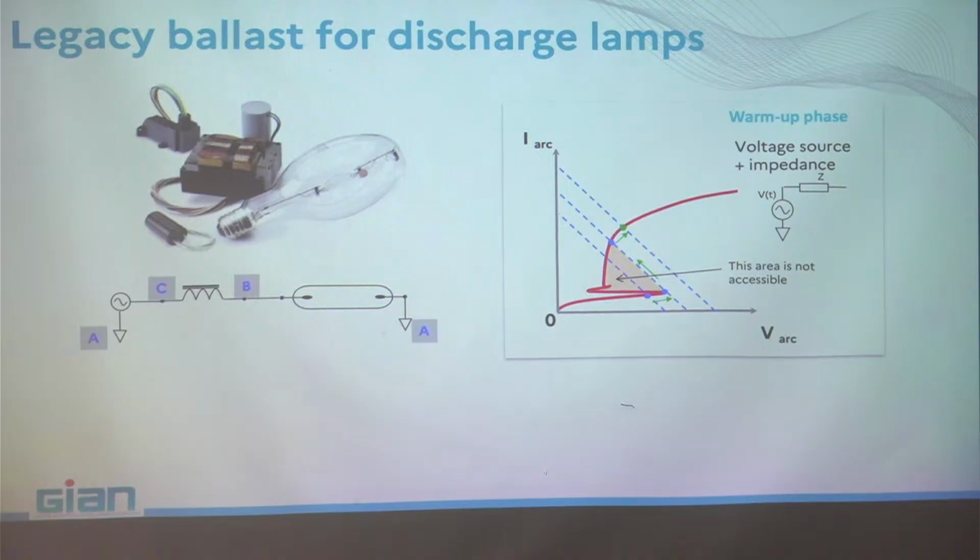It's really huge. And in fact, you have a voltage source here. You put in series a big inductance, almost infinity. And in fact, what you see from the lamp side is a current source.